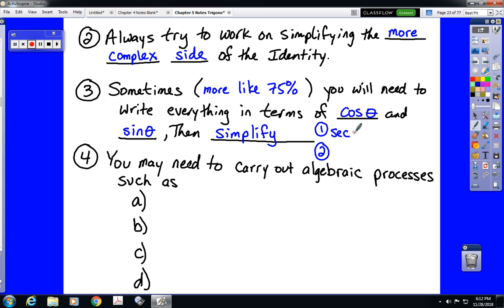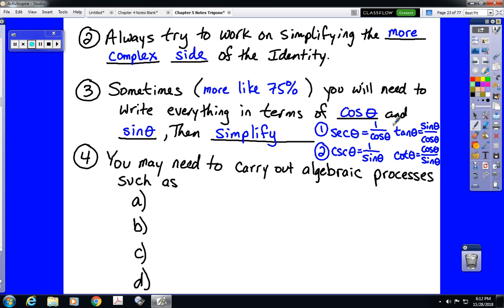Those are that the secant is 1 over the cosine, that the cosecant is 1 over the sine, that the tangent is sine over cosine, and that the cotangent is cosine over sine.